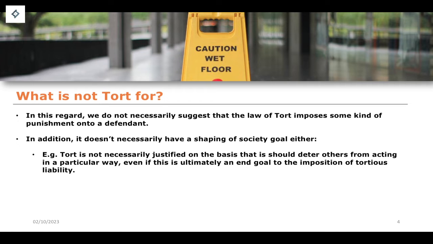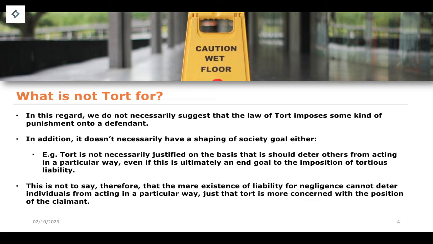People may be deterred from acting in a particular way, or may be extra cautious in their performance of a particular action to avoid liability in tort. But that is not necessarily the end goal of the imposition of tortious liability. So, for example, the mere existence of liability for negligence may deter an individual from acting in a particular way.